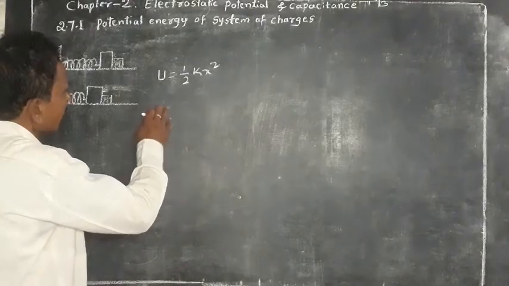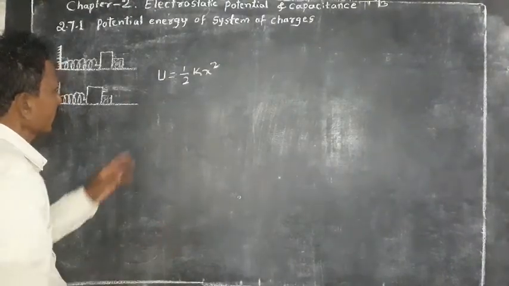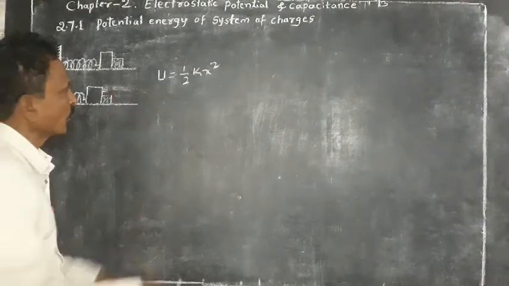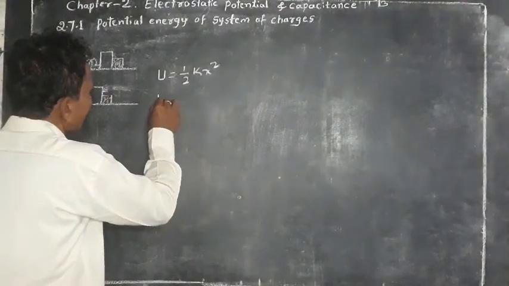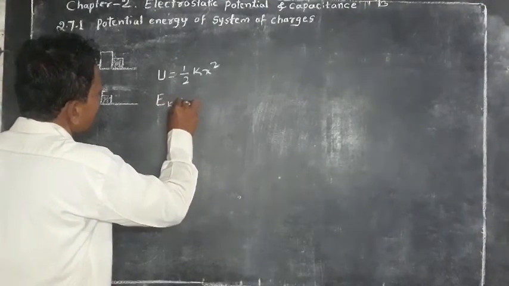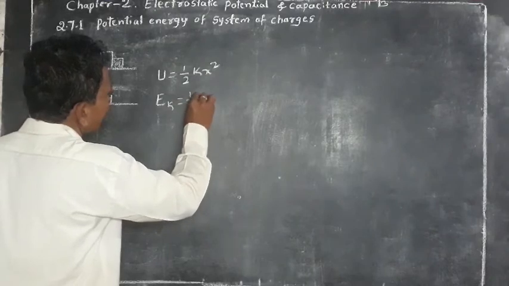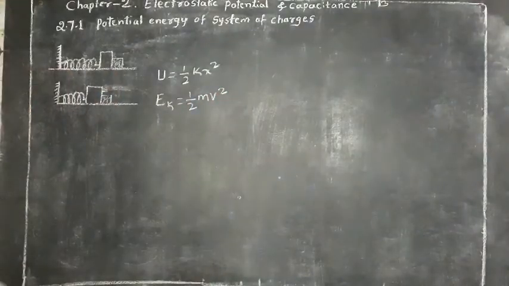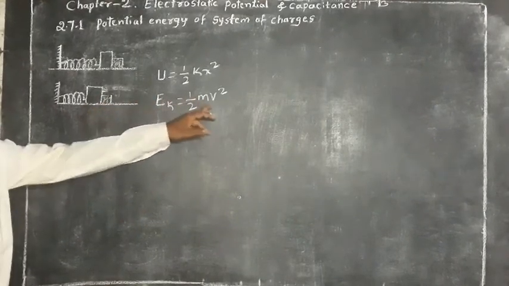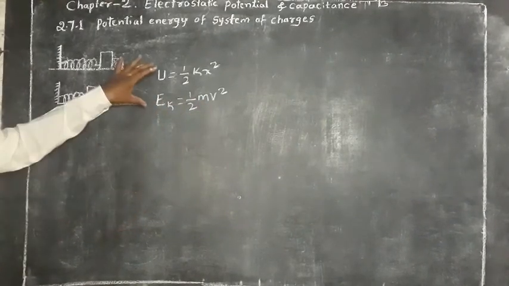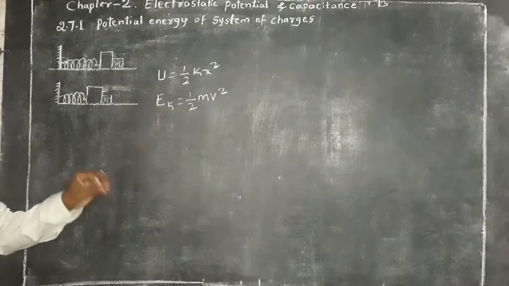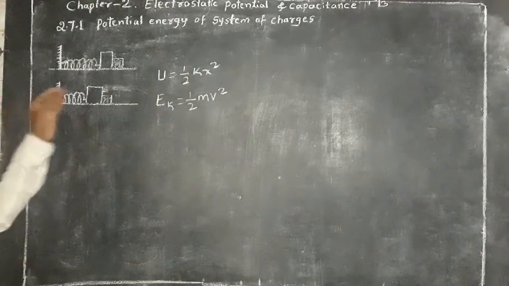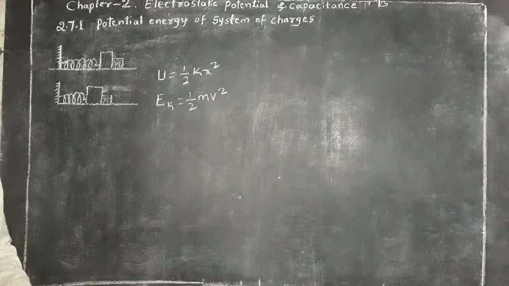It is converted into kinetic energy when the external force is removed, given by Ek = 1/2 mv², where m is mass and v is the speed. Thus, using this relation, the speed of the block can be calculated.